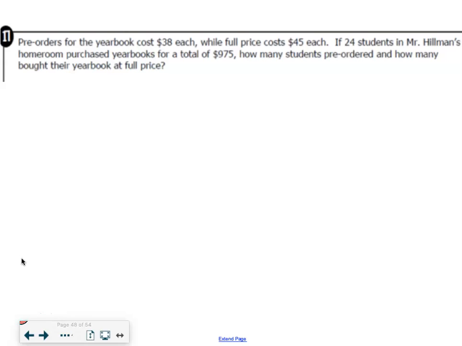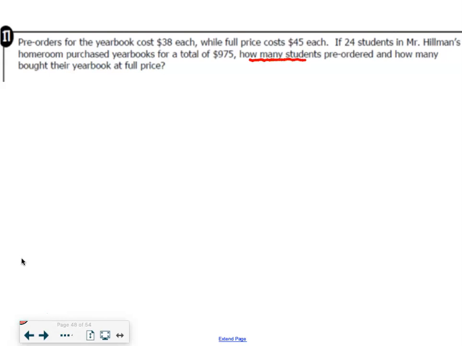17. It says pre-orders for the yearbook cost $38 each, while full price costs $45 each. If 24 students in Mr. Hellman's homeroom purchased yearbooks for a total of $975, how many students ordered a pre-order or bought their yearbook at full price? Okay, so remember, what are we looking for?